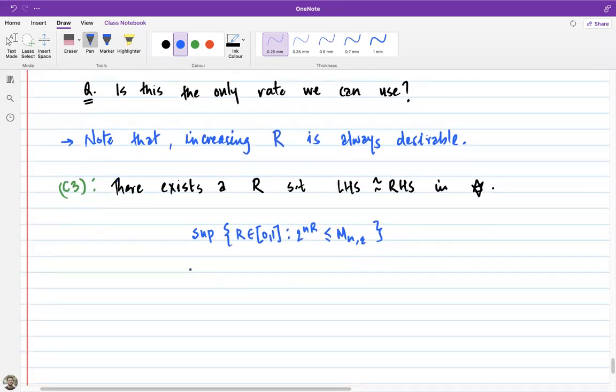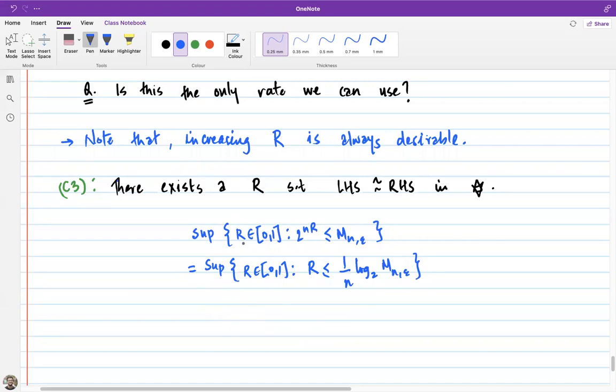Okay. This can also be rewritten or simplified as the set of all R's such that R is less than or equal to 1 by n log n epsilon.